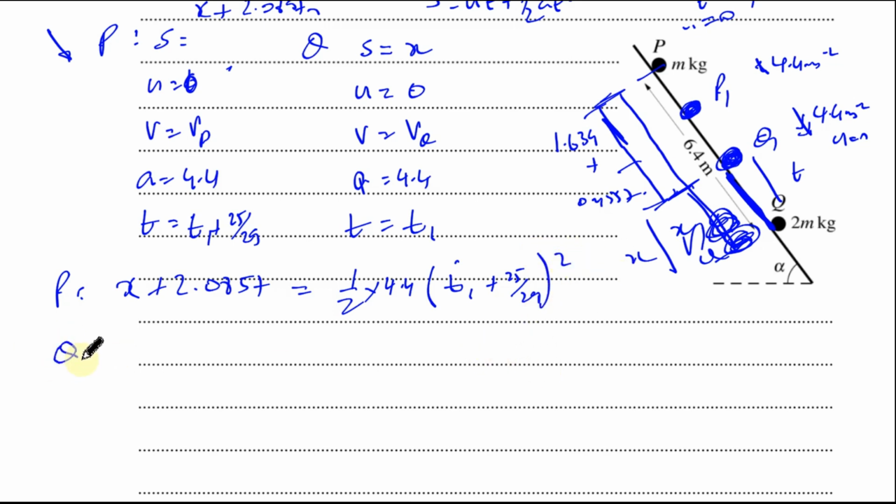And for Q, you're going to have X equals a half times 4.4 times T1 squared.